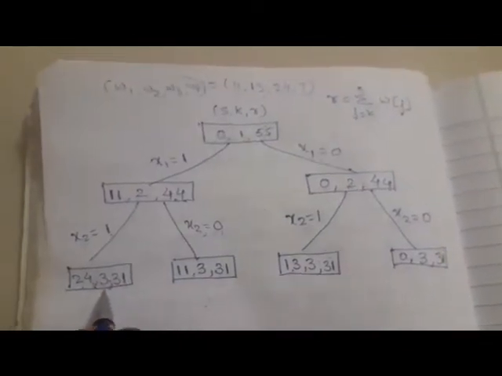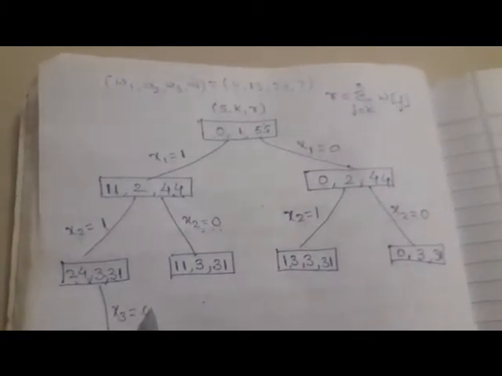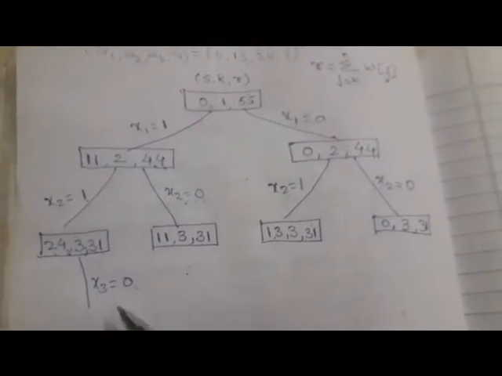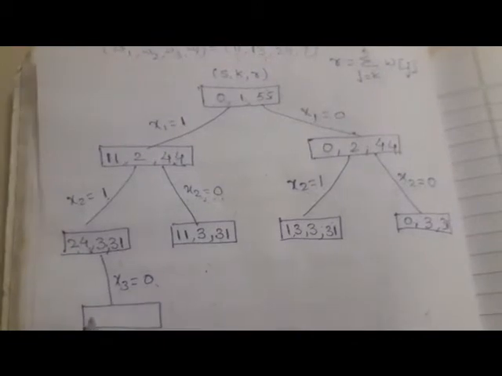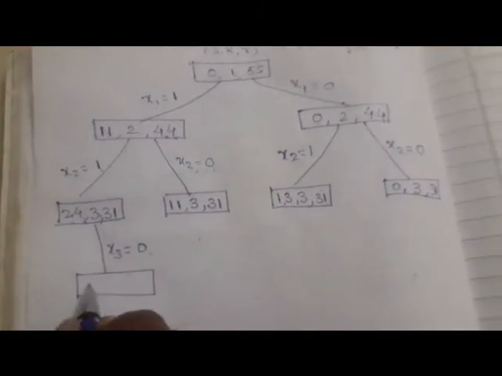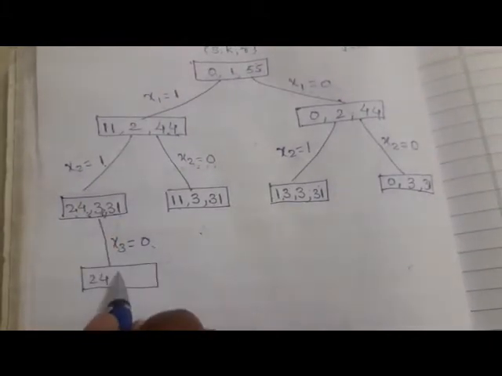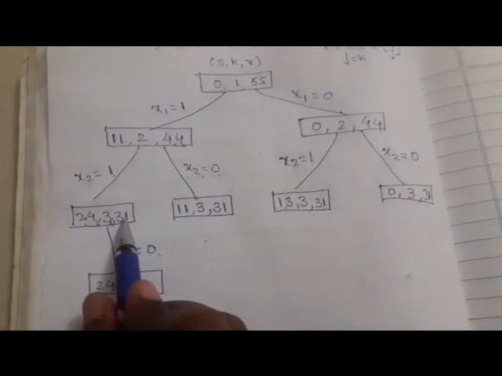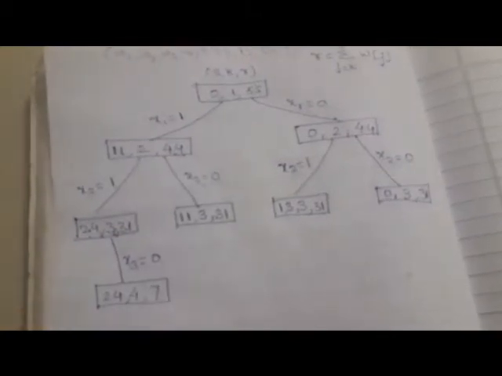So we write here that x3 is not included, so x3 is equal to 0. If we are not including x3, then our value will be this 24. It remains as it is, that is 24, but the value of k will be incremented. Now 31 minus this 24 will be 7.